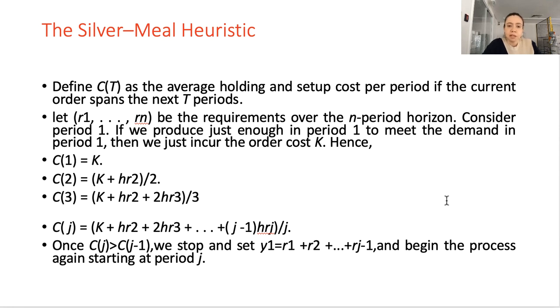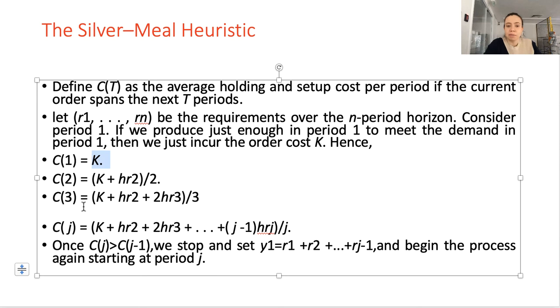Now, assume that T is our periods and C(T) is the average holding and setup cost per period if the current order spans the next T periods. For example, C1 means that we are at period 1 and we are making our production plan only for that period. So we only have a setup cost of K. And C2 means that we are at period 1 and we are making our production plan for period 1 and the next period.